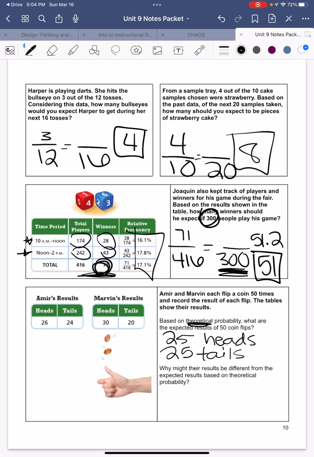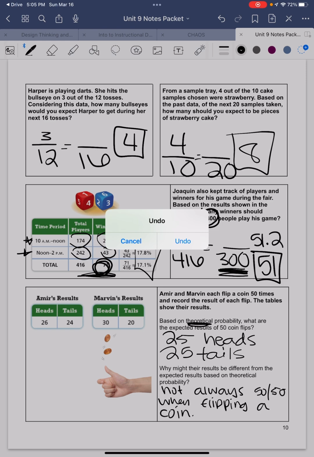We just know that it's not always 50-50 when you flip a coin. It should be, but it's not always.